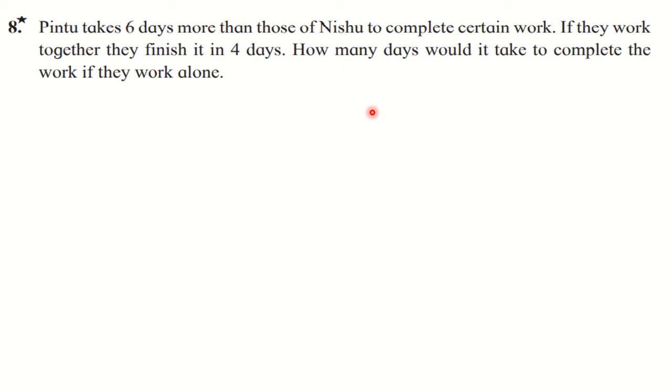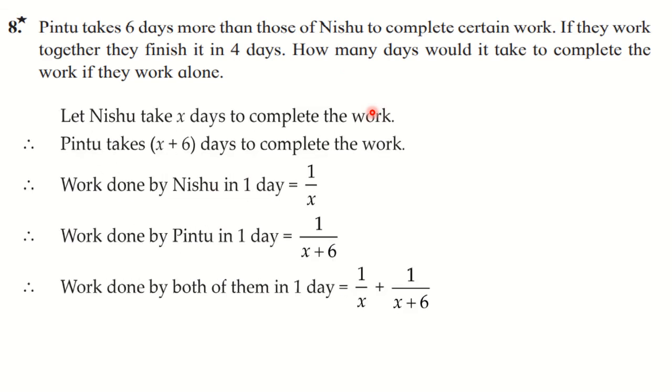Let the days taken by Nishu be x, and therefore the days taken by Pintu are what? x plus 6. Let Nishu take x days to complete the work and Pintu take x plus 6 days. So therefore work done by Nishu in 1 day is 1 upon x, and work done by Pintu in 1 day is 1 upon x plus 6.